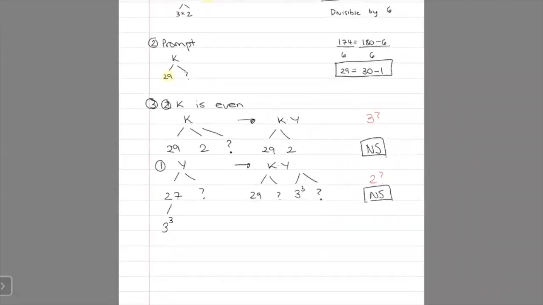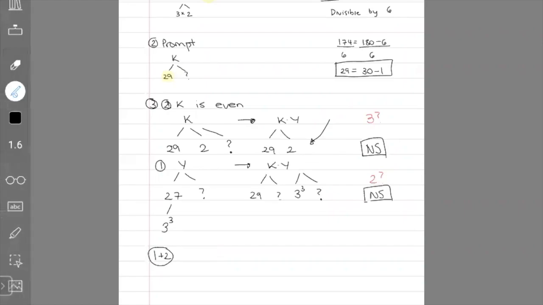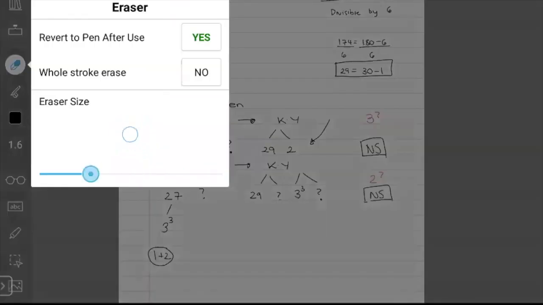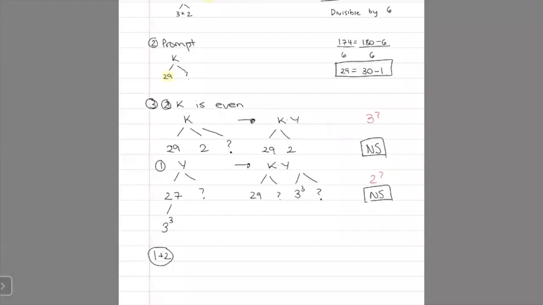So if we consider the statements together, you can see that statement 2 essentially tells you that you have a 2, and statement 1 tells you that you have 3 3s. We only need one of them. The point is that put together, we will have all the prime factors that we need. So k times y: k is going to have the 29 and a 2, and maybe something else.